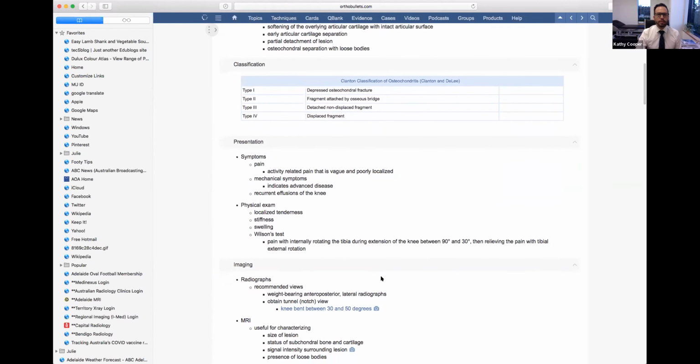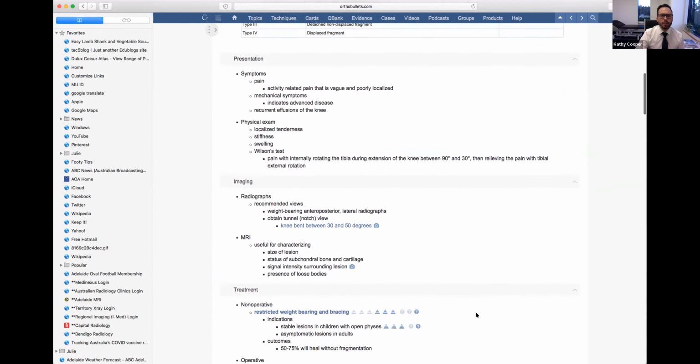So what do they present with? Well, pain's the main thing, activity-related pain. Mechanical symptoms indicate a loose body, so that's a concern. And recurrent effusions is often the more common one you see, is knee flaring after activity. So you might pick up some swelling.